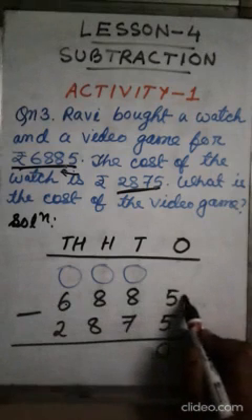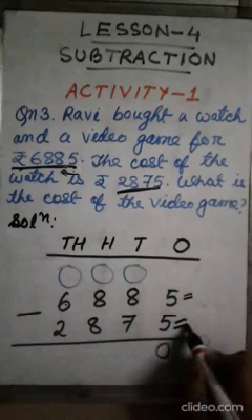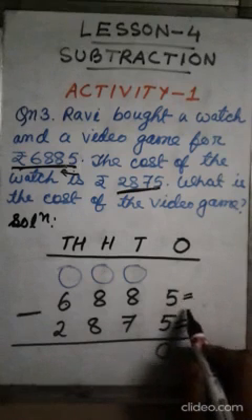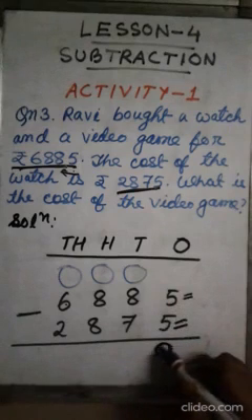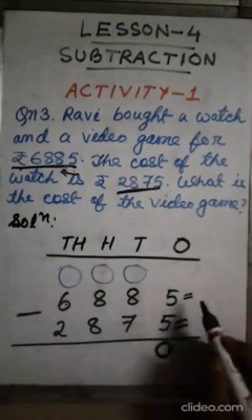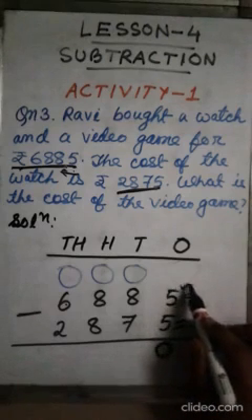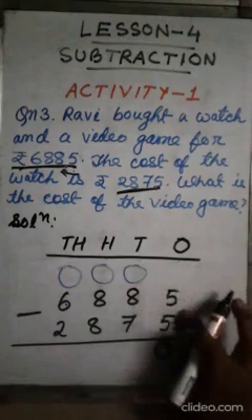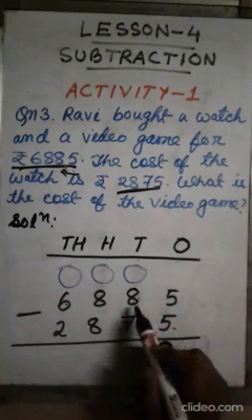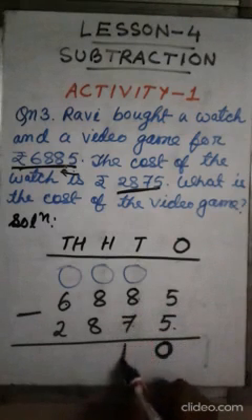We can do this because these two digits are equal. Then we can subtract and its result will be 0. If this is smaller than this, then only we have to borrow. 8 minus 7 is 1.